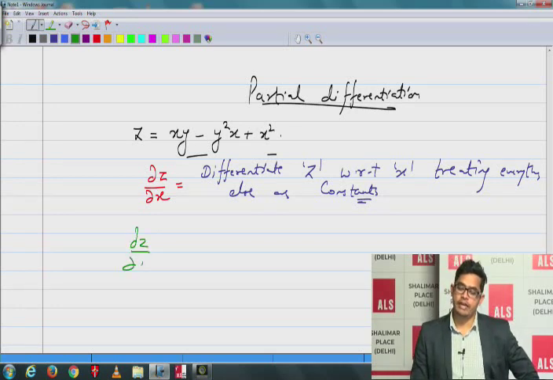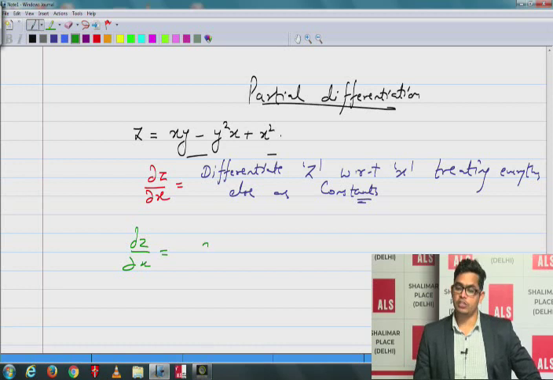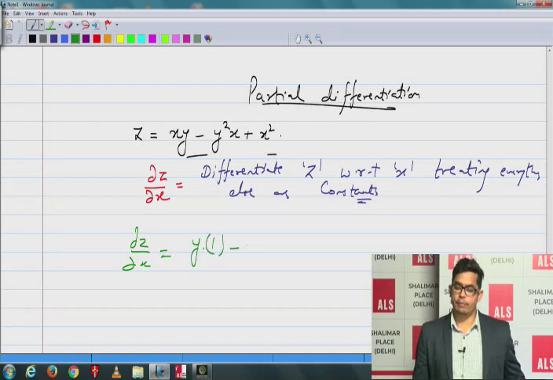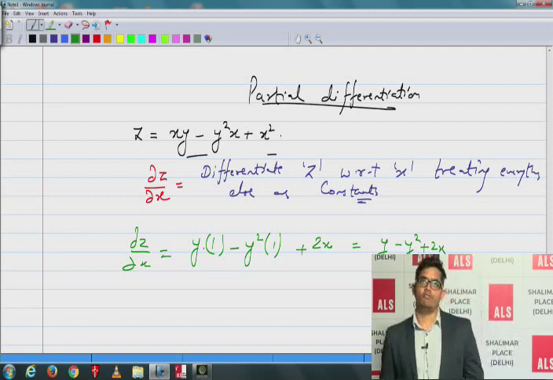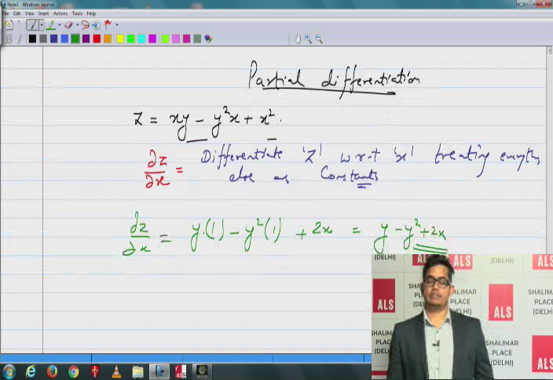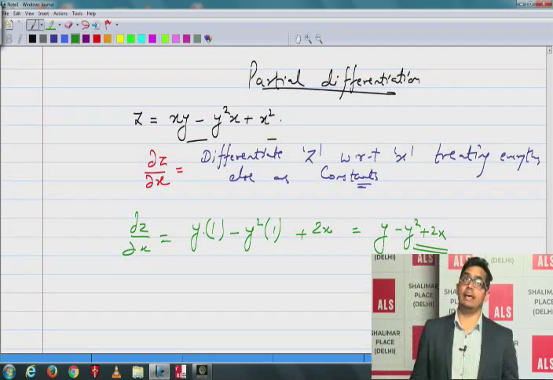So del z by del x is equal to the differentiation of this whole quantity with respect to x. Y must be taken as constant. So I'll write y, differentiation of x is 1, minus y square constant, differentiation of x is 1, plus differentiation of x square is 2x. So it is equal to y minus y square plus 2x. This is the value of del z by del x. Remember, we are saying del, not d.